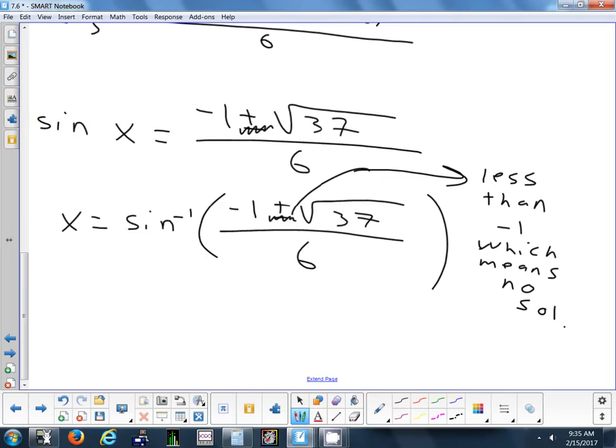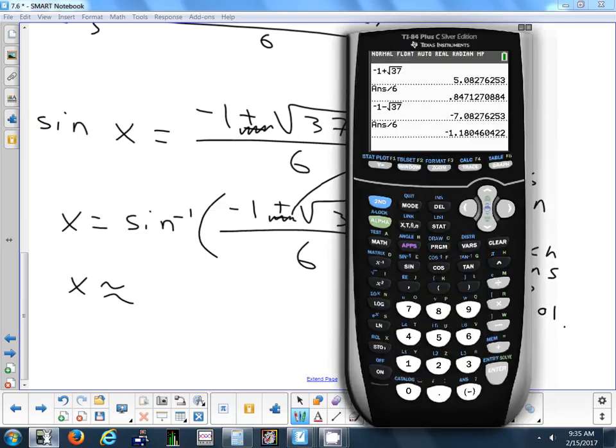All right, so we do need to do the plus. So x is about, we're just going to round this off, inverse sine of -1 plus square root 37. You know what I would do?